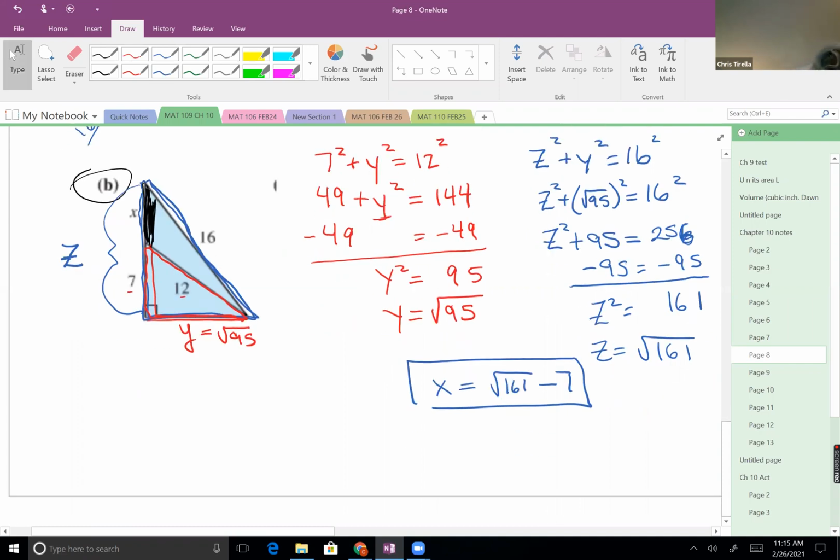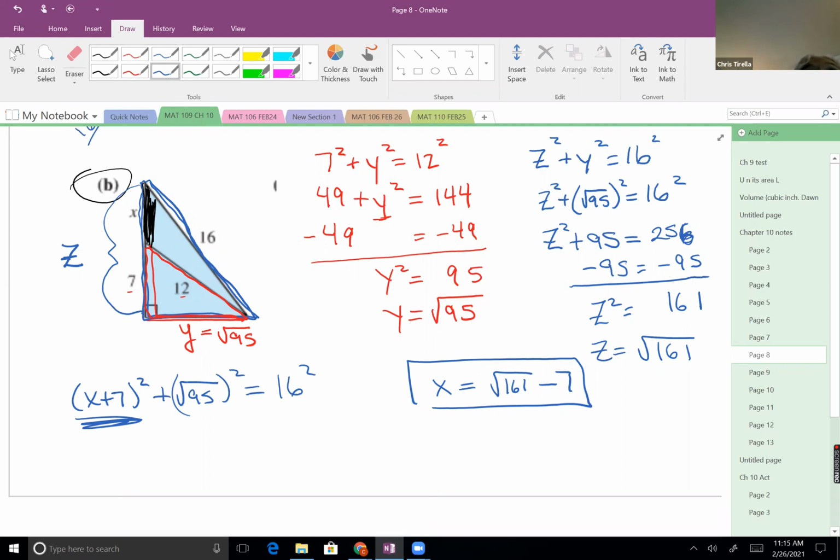If I did it the other way, if I took X plus 7 squared plus the square root of 95 squared equals 16 squared, that X plus 7 squared, if you try to multiply that out, you'd get a quadratic. You'd get X squared plus 14X plus 49. And I don't think we want to delve into that level of algebra.